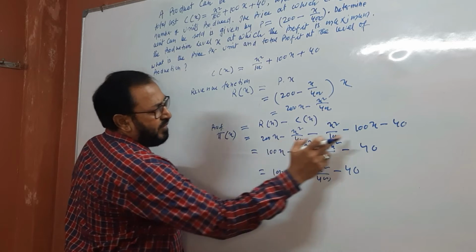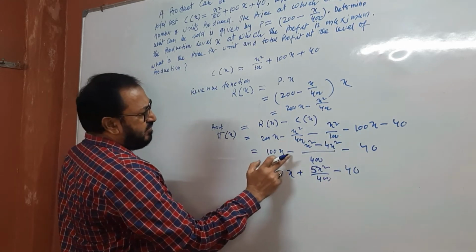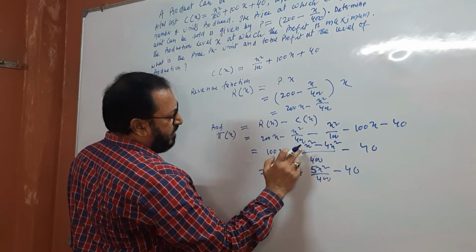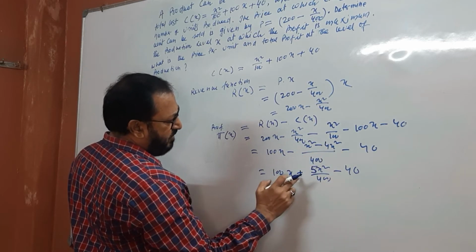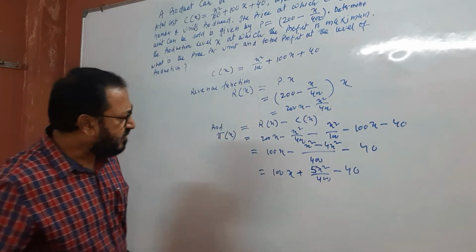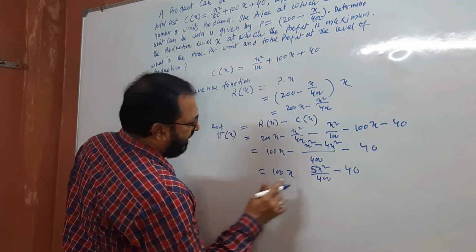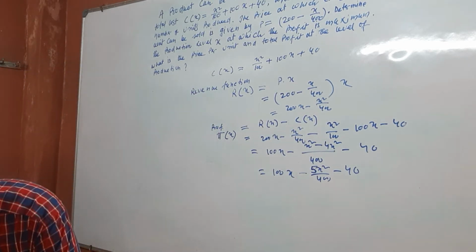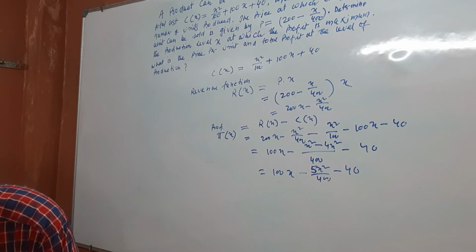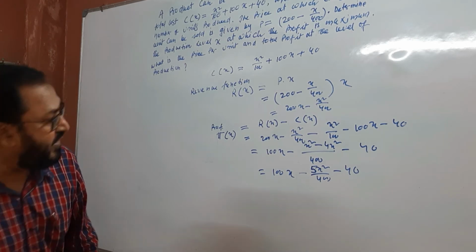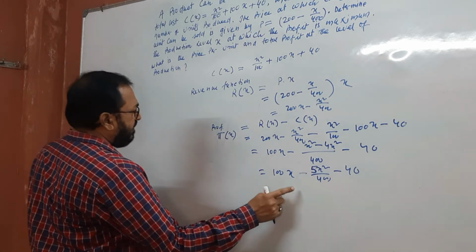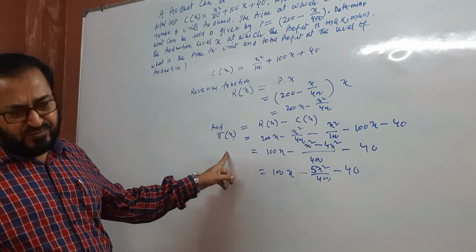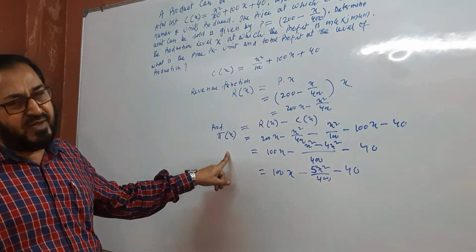So 200x minus 100x, that is 100x, minus, taking the LCM 400, x squared minus 4x squared, that is 100x minus 5x squared by 400 minus 40. This is the profit.